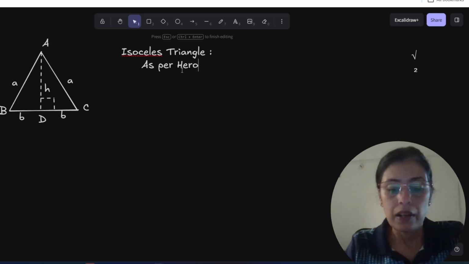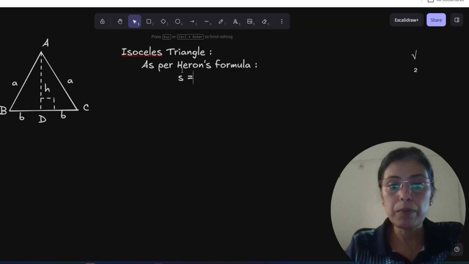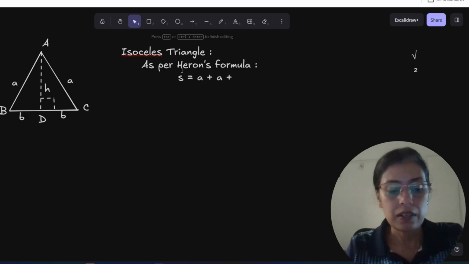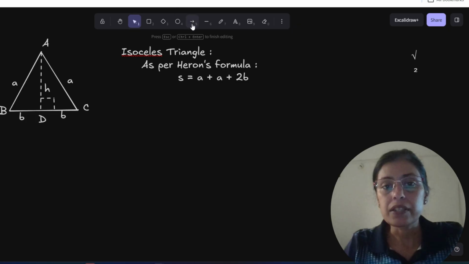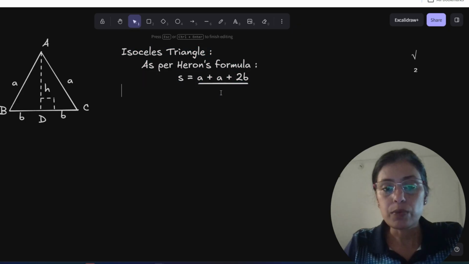Right? So now, as per Heron's formula, we will first calculate the semi-perimeter. So semi-perimeter will be A plus A plus 2B, which is the base, and this is divided by 2 because this is the semi-perimeter.